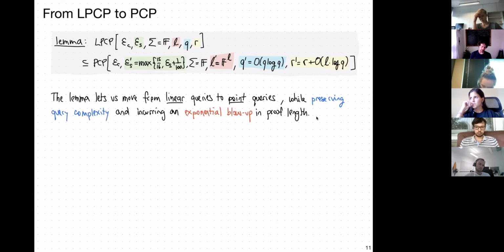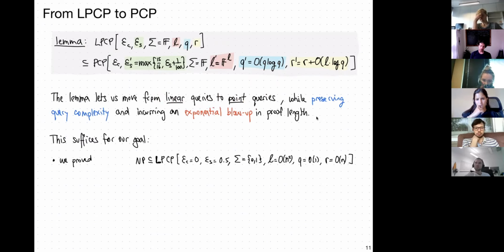In some sense, this makes us able to transition from linear queries to point queries. We don't need to make any more random linear combinations which access lots of points. We'll preserve the query complexity at the cost of this exponential blowup.